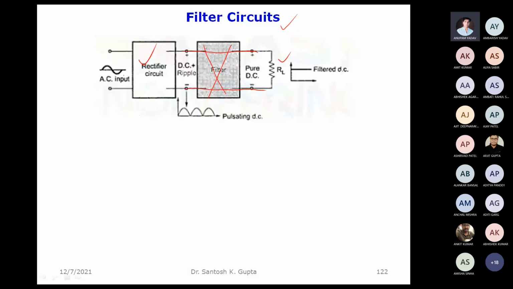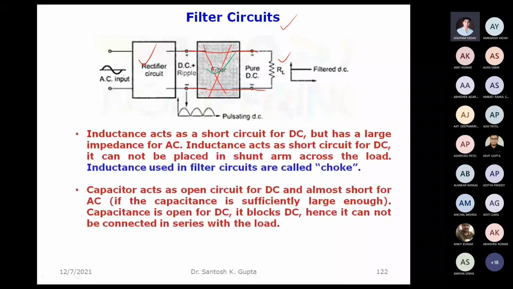Now we are trying to insert this filter here, which is some sort of electrical component that will try to suppress the AC components. So two concepts are taken into account to design our filtering circuit.